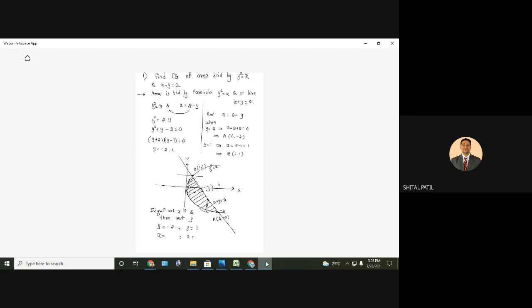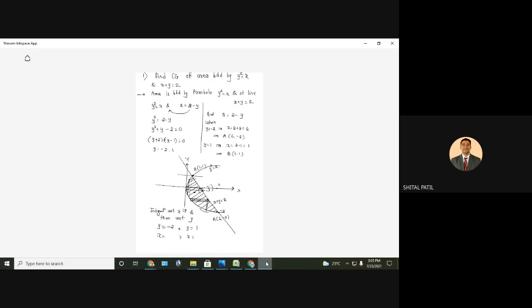Let's take a strip. This is the strip. Take it anywhere, it doesn't matter. The lower limit will be the parabola only.